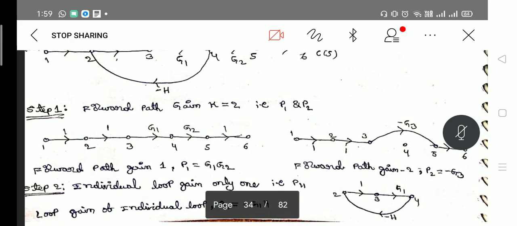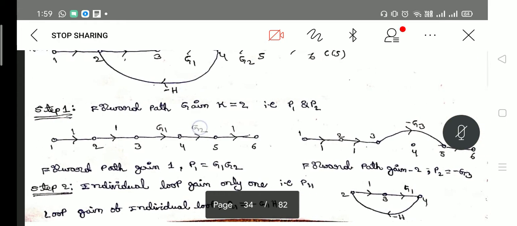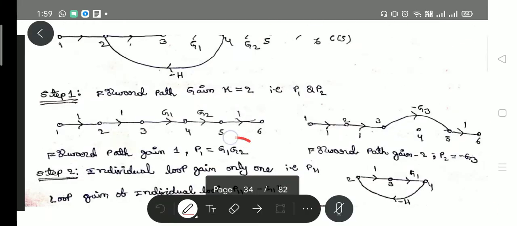Then we can take the forward path gain. The forward path gain is obtained by multiplying the elements. Here 1, 1, G1, G2, 1. So multiplying the elements, the first forward path gain is G1 into G2.